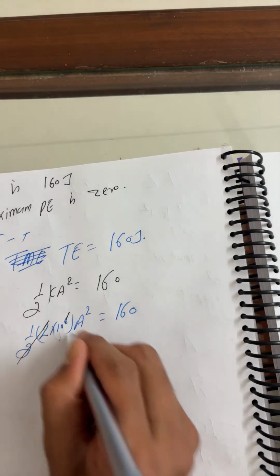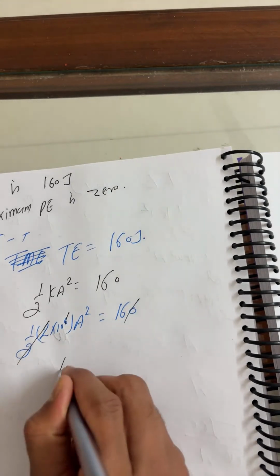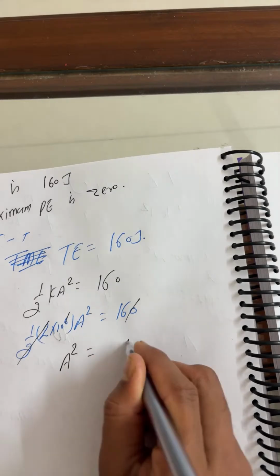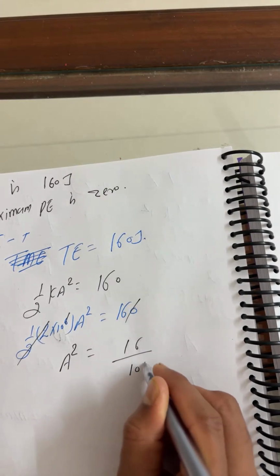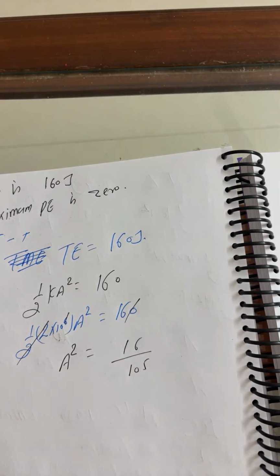These two finish here, so amplitude whole square equals 16 upon 10 to the power 5.